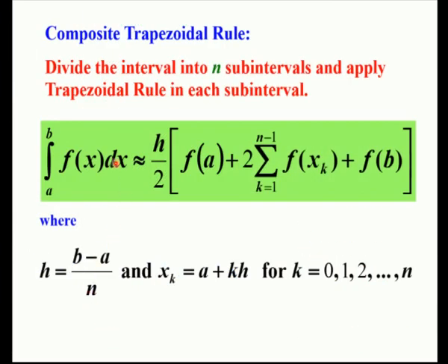So, the area enclosed by f, which is the definite integral from a to b of f of x dx, is the area enclosed by the graph y equal to f of x between x equal to a and b.